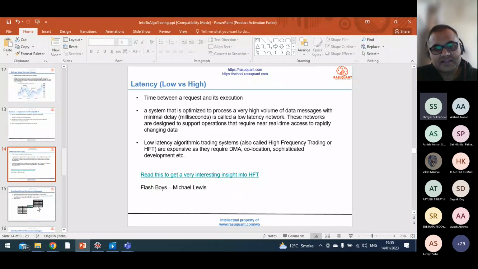And this is a critical piece of information in high frequency trading. A system that is optimized to process very high volumes of data messages with minimal delay is called a low latency network. These networks are designed to support operations that require near real time access to rapidly changing data. And this is more true than anywhere else in the financial market. You have a large volume of data coming to you every second.